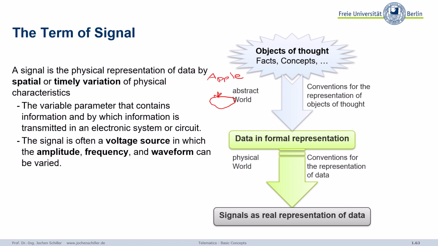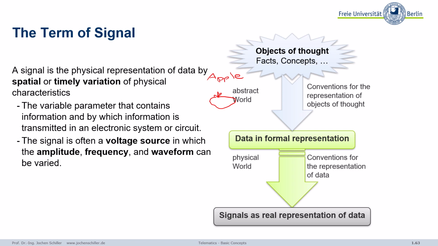A signal in the end is a physical representation of data, by spatial or timely variation of certain physical characteristics, such as air pressure, a color, or electromagnetic waves.